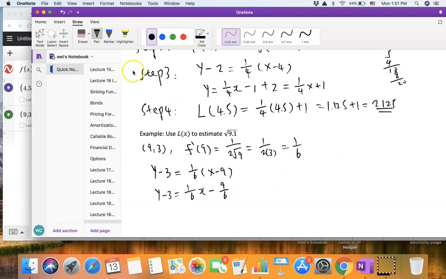And 9 over 6 have a common factor, which is 3. So we cancel it out. We have 3 over 2. So y equals 1 over 6 x minus 3 over 2 plus 3.